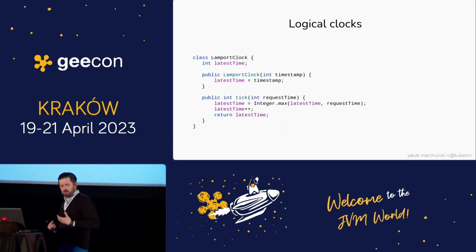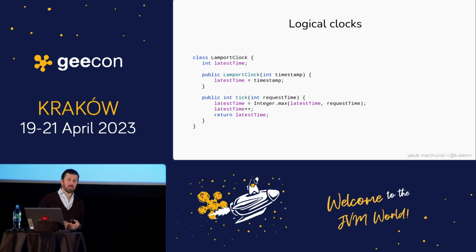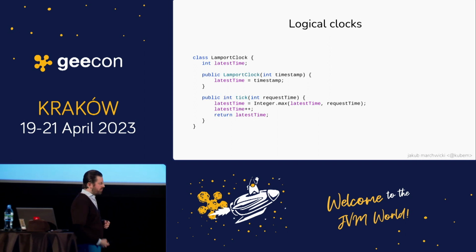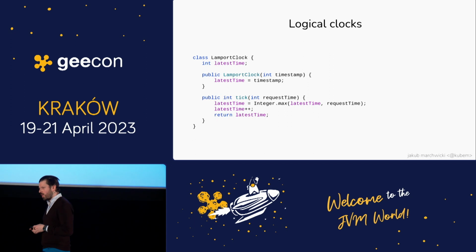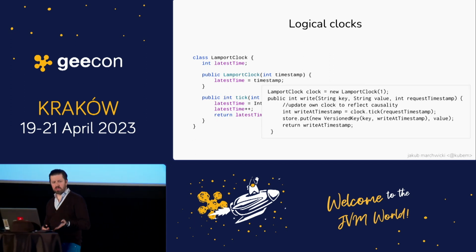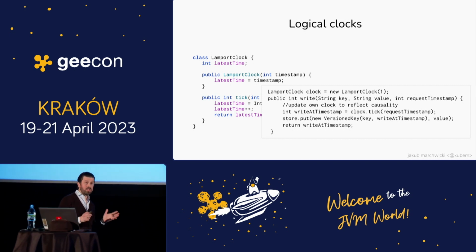But ideally, what we are trying to do is we have a certain value to initialize the clock, and then with every operation, we just tick it and increase and increase and increase. And we use this clock as a version whenever we try to store something in any repository.